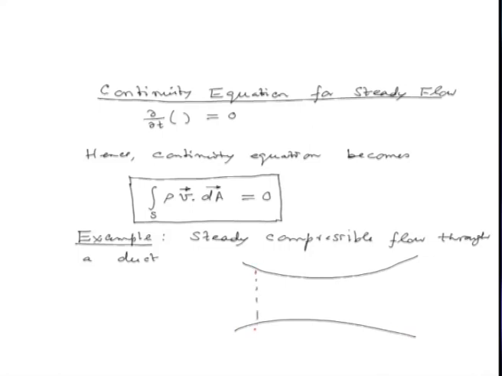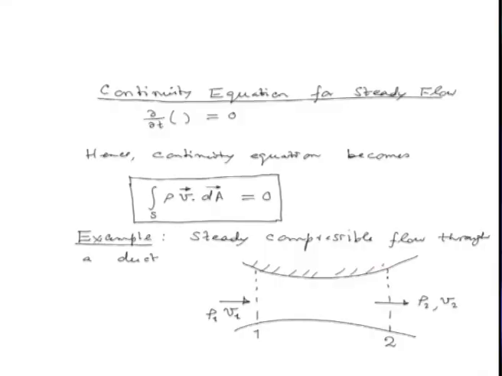Let us identify station 1 as the inlet. Velocity at station 1 is v1, density is rho 1, and at the outlet, which we can identify as station 2, we have density rho 2 and velocity v2 in the x direction.